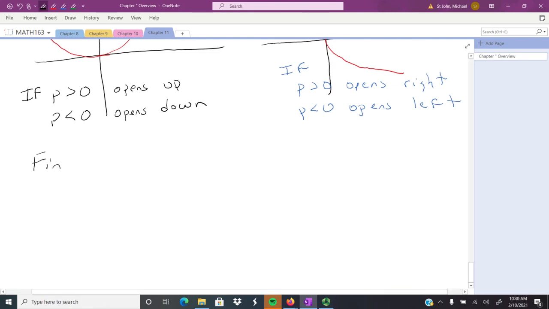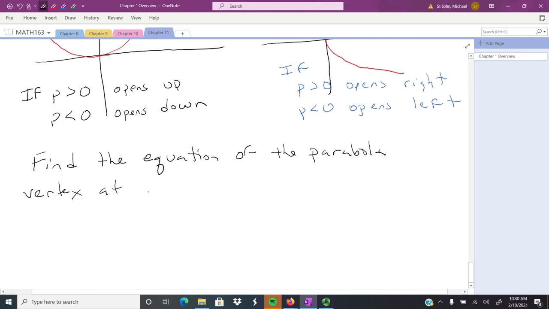Find the equation of the parabola with the vertex at 0, 0. So here we're talking about the vertex at 0, 0, and the vertex is that thing at the bottom of the curve.